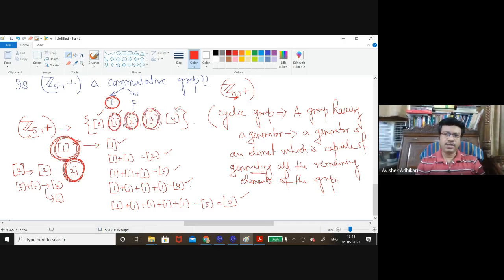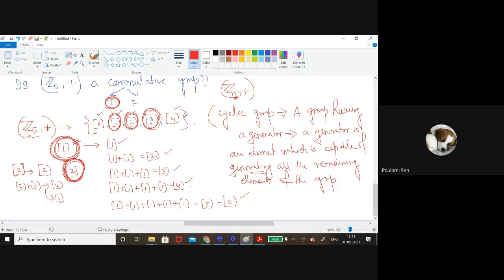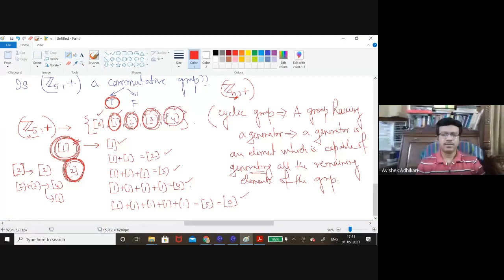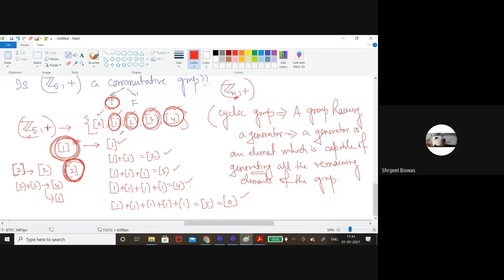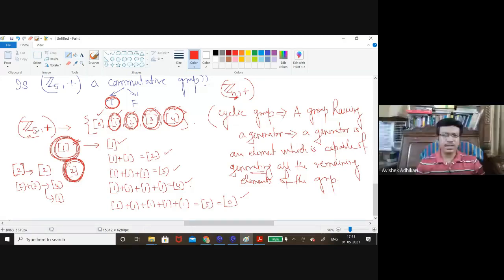Will 4 be a generator? Yes, 4 is also a generator. Is 0 a generator? No. So you see that in Z5, except for 0, all elements are generators.